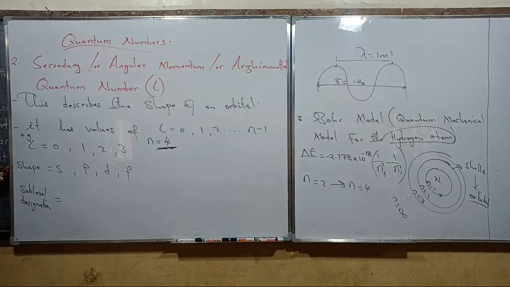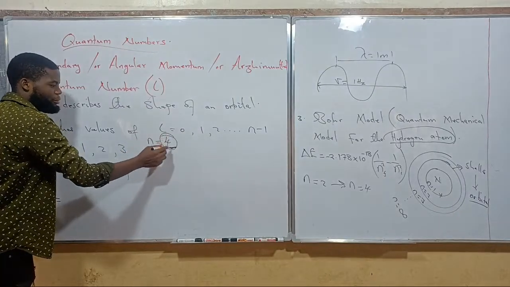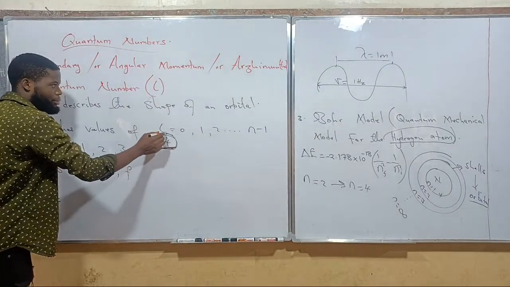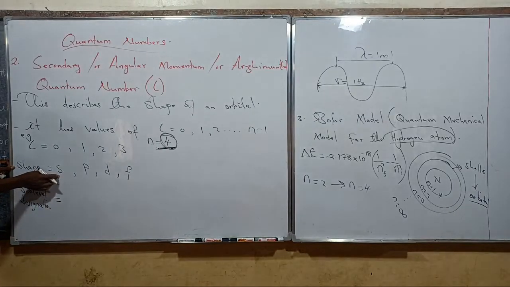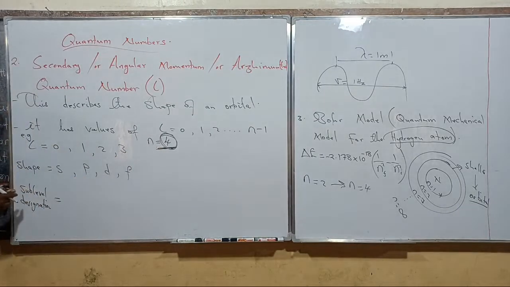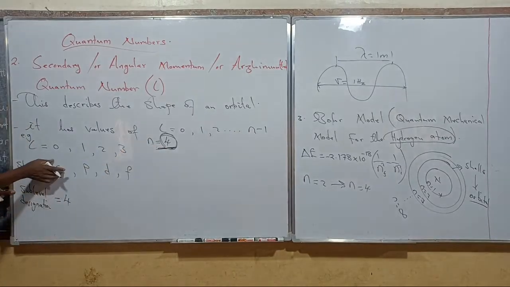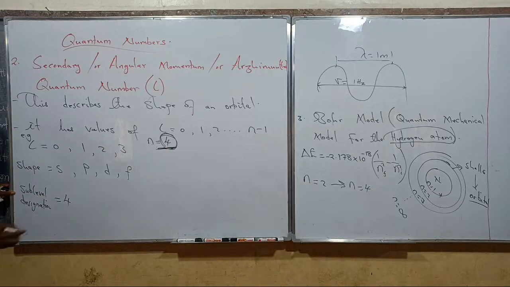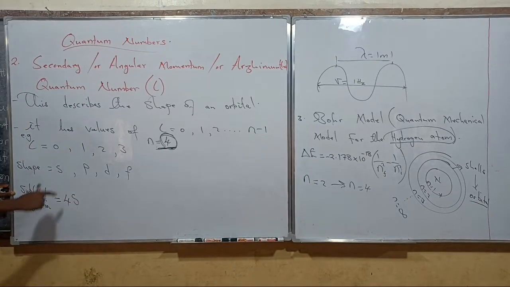So for the sublevel designation, you combine the principal quantum number with the designated shape. The principal quantum number is 4, combined with the shape for L equals 0, so it becomes 4s.